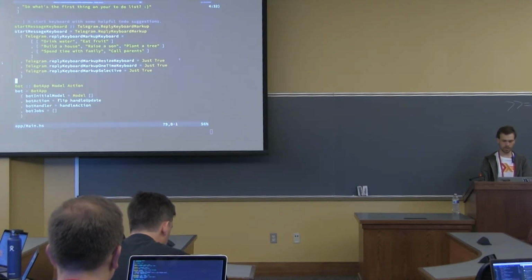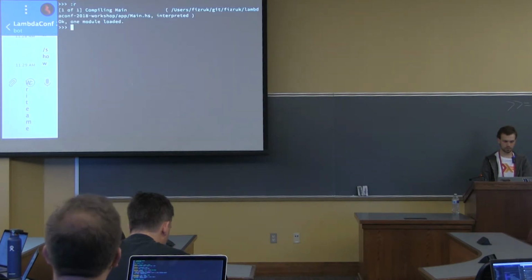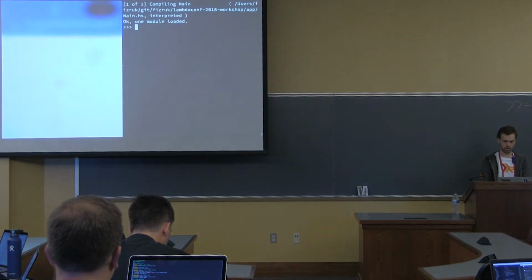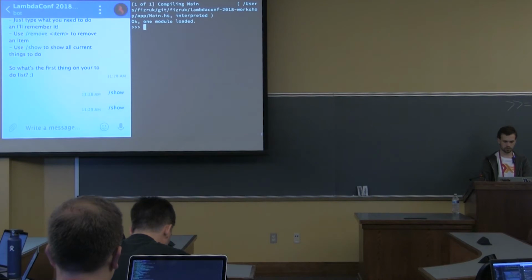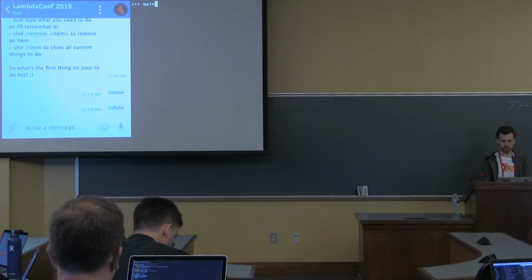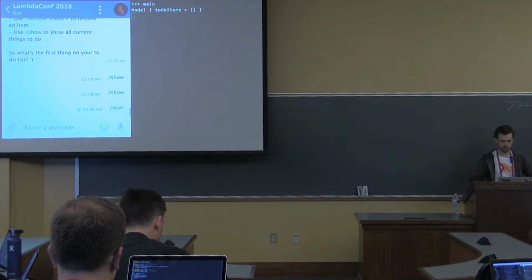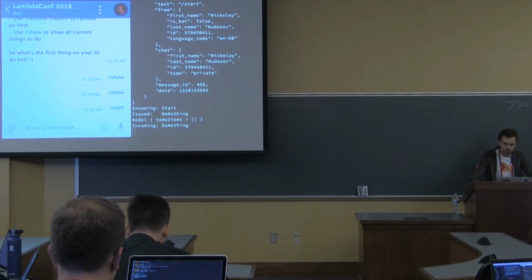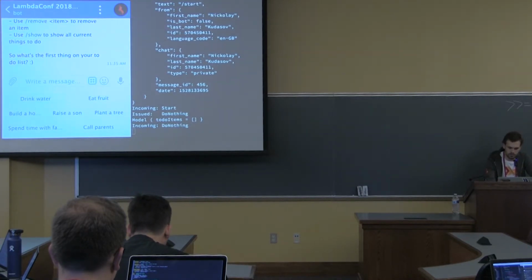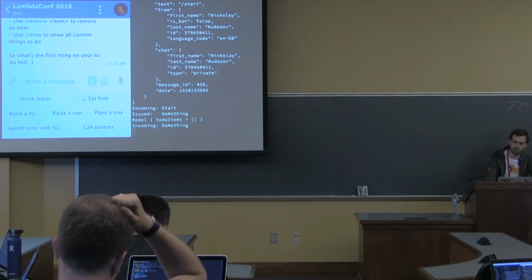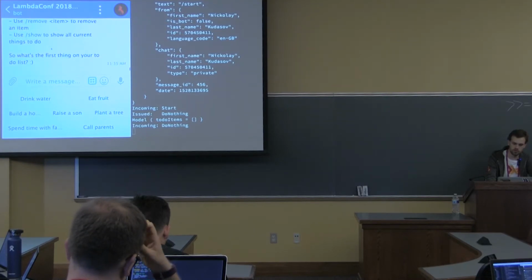So now it does compile. We just go here. That's the only thing I have changed so far. I've loaded the code. I'm running the bot. And now if I type start, some seconds go, and then I have it. So these are the options that the bot suggests for me when I hit start. Okay, so there's the help message, and this is the reply keyboard.